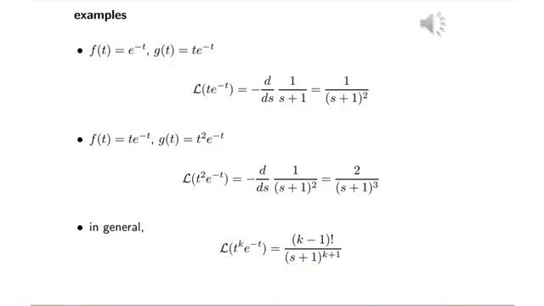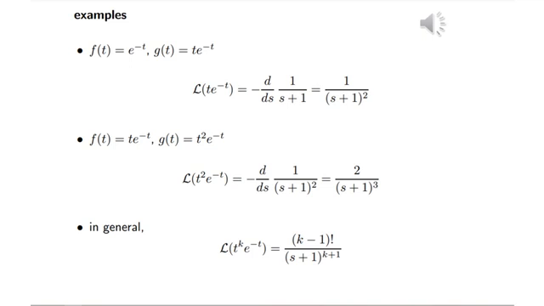So 1 over s plus 1 whole squared will get differentiated with a negative sign with respect to s. So d by ds with a negative sign times 1 over s plus 1 whole squared gives 2 divided by s plus 1 whole cubed.